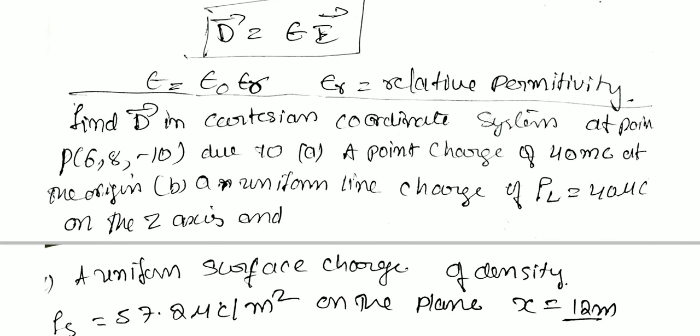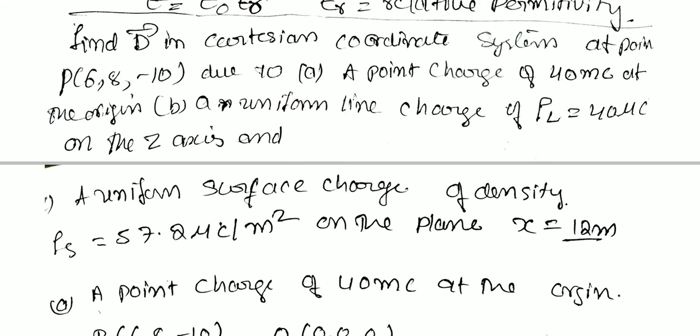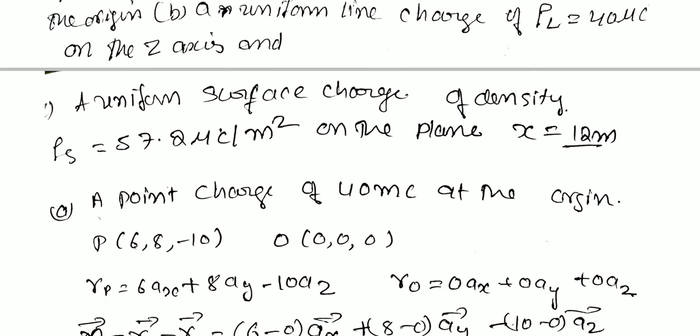One is a point charge of 40 millicoulomb at the origin. Second is a uniform line charge rho L equal to 40 microcoulomb along the z-axis, and the third one is a uniform surface charge of density rho S equal to 57.2 microcoulomb per meter square on the plane x equal to 2. We will see one by one.